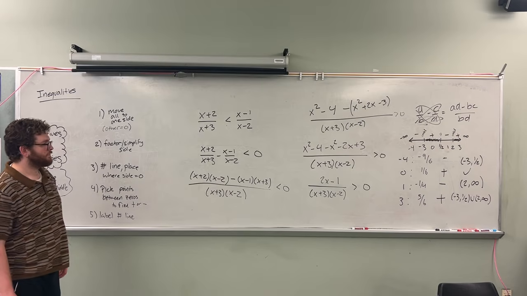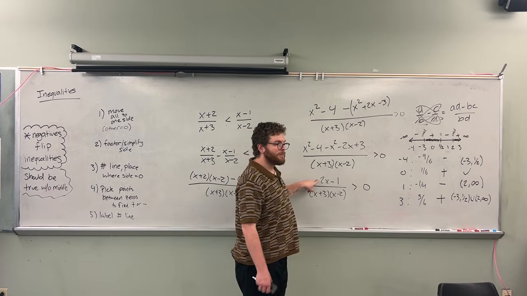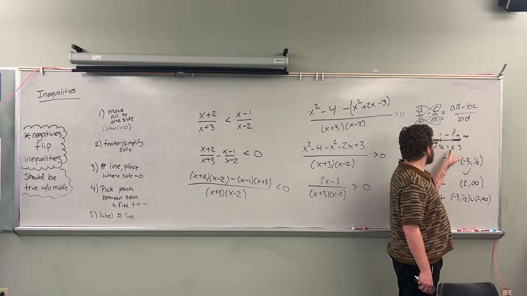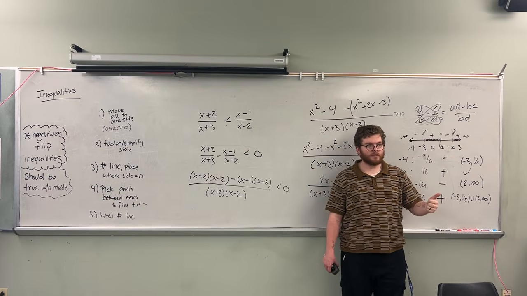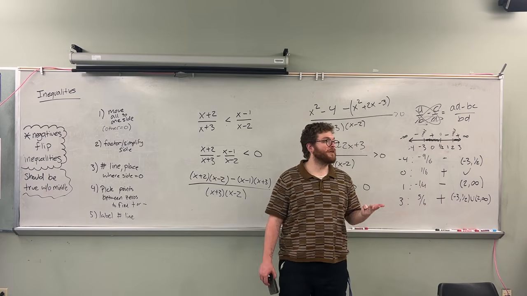Where'd the 1/2 come from? 1/2 is where the top equals 0. So my points that I list here are always going to be where the top equals 0, where the bottom equals 0. Those are what we call critical points.